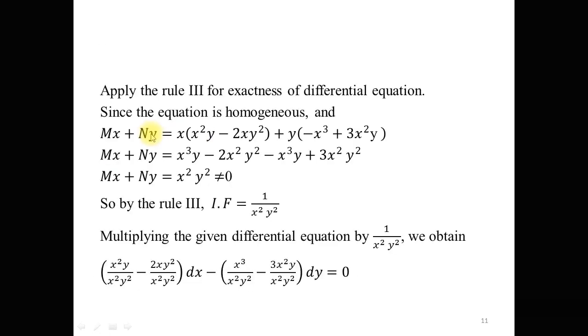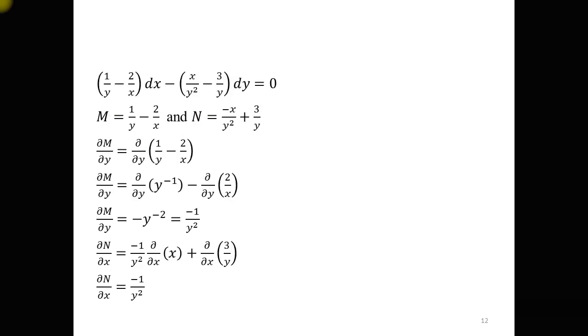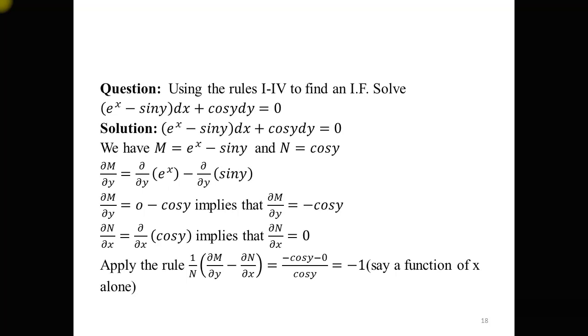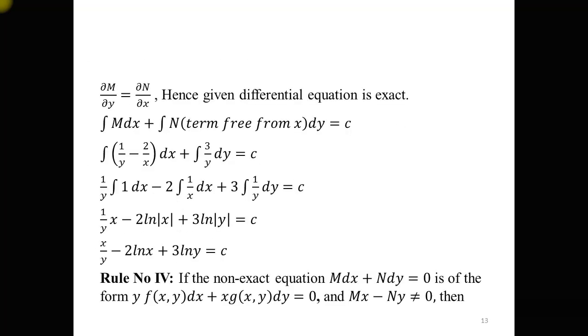And if the given differential equation is in the form of y multiplied by an f function with respect to x, like you see in rule number 4: if the differential equation is in the form y into M function dx plus x into N function dy, I mean y is multiplied with the f function, dx plus x is multiplied with another function g, you can say an N function, x multiplied with the N function into dy is equal to 0.